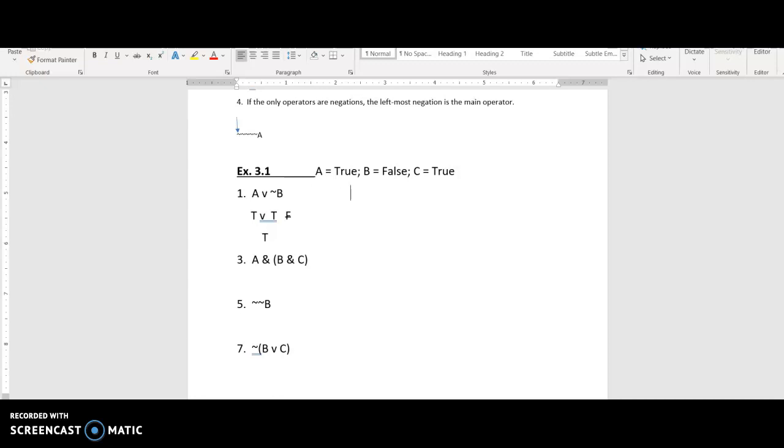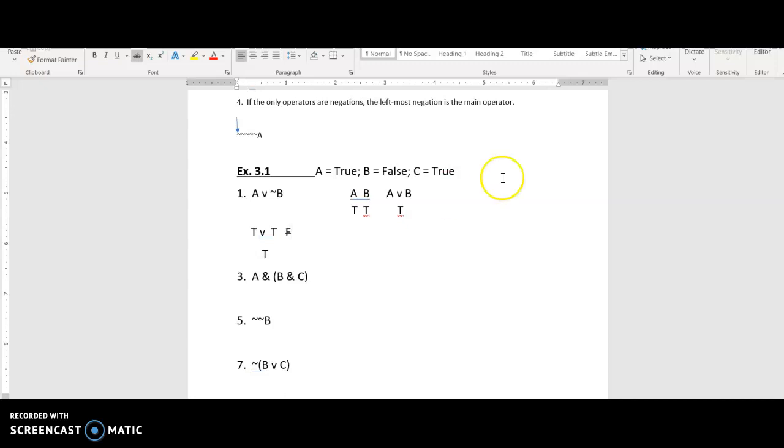Maybe we could write out the truth table for the disjunction quick. All right, so if you have a disjunction and both disjuncts are true, the disjunction comes out true.